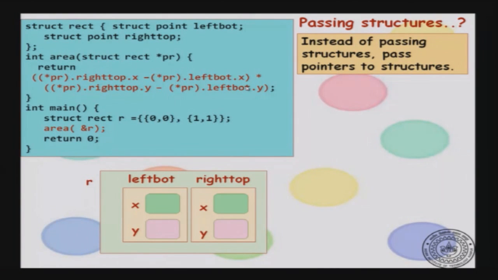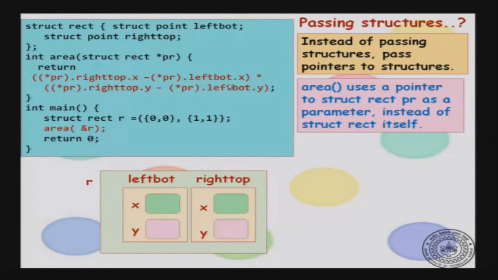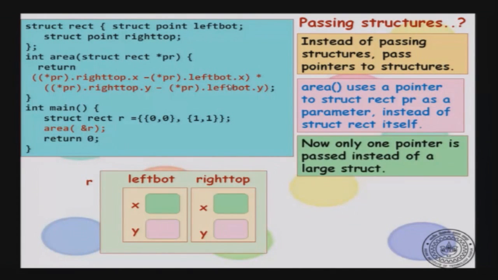The lesson here is that instead of passing structures, you pass pointers to structures, and now whatever be the size of the structure, you have a struct rectangle which inside has 2 points and so on. You may want to pass a very large structure, and copying that will take a long time, but instead you pass just a pointer.